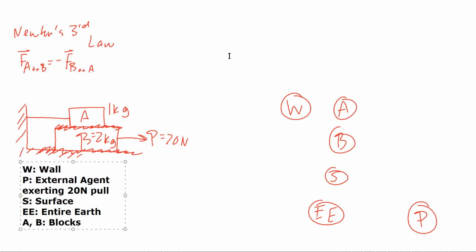The point of these diagrams is to show how these different objects interact with one another. Right? So how does the wall interact with A? It does so via the tension force. There's a tension between the wall and A. How does A interact with B? This is what's tricky. A and B both have a contact force.